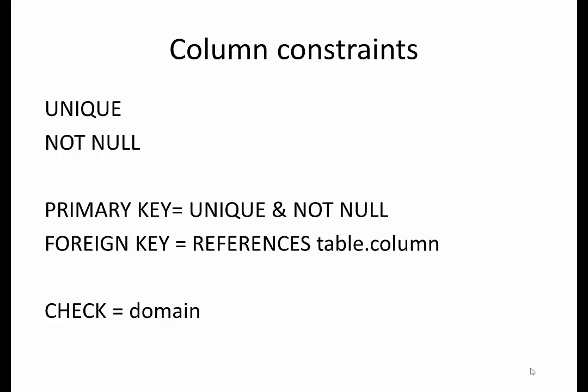Okay, constraints on columns. The two main ones, or the two sort of universal ones, are the unique constraint and the not null constraint. The unique constraint just makes sure that every entry in every row differs.